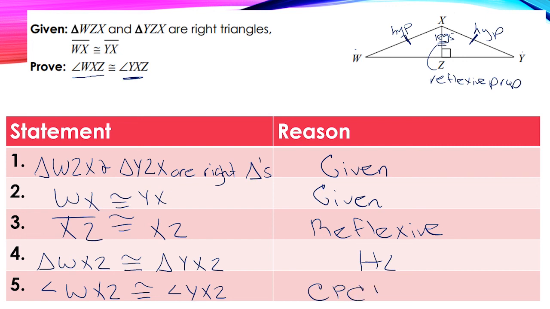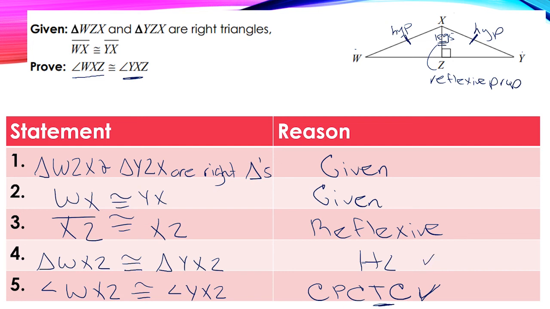Corresponding parts of congruent triangles are congruent. So we proved that the triangles are congruent using the HL theorem. Therefore, all of the corresponding parts would be congruent. So a helpful hint if you're trying to prove that a pair of parts are congruent for a triangle, that last step before CPCTC is always going to be one of your theorems. So in this case, we used HL.